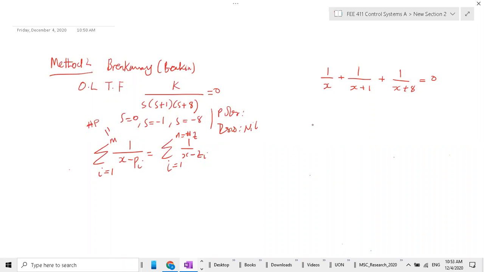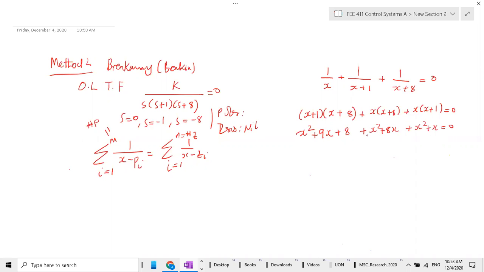The way you do it is simple: you multiply each term by the product of the others. Here you have X plus 8, and here you have X plus 1, equals 0. So we'll have X squared plus 9X plus 8, plus X squared plus 8X, plus X squared plus X, equals 0.